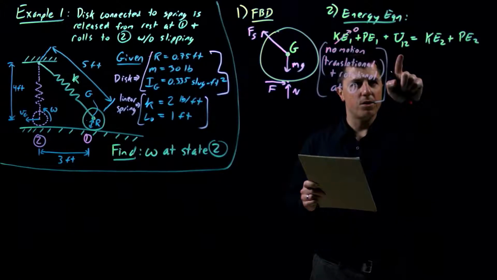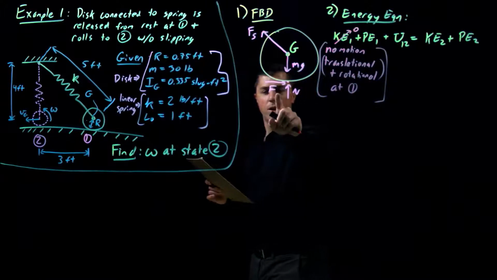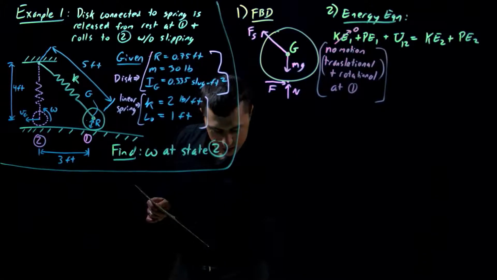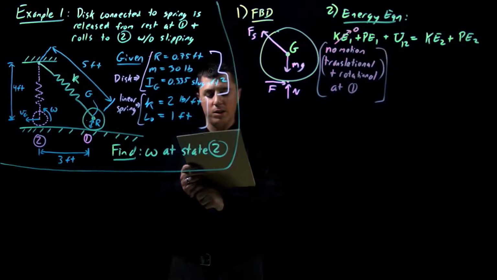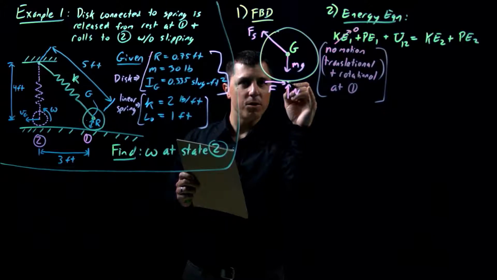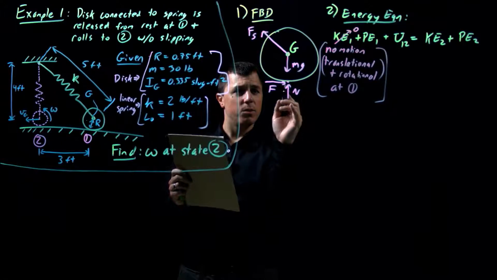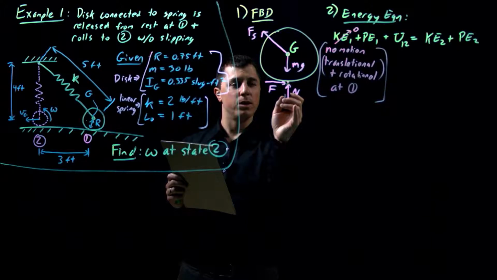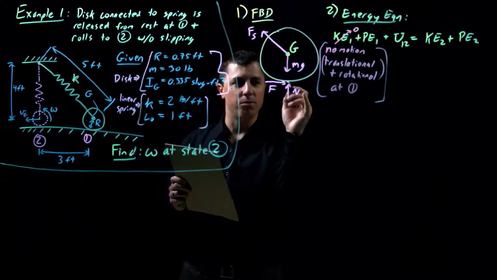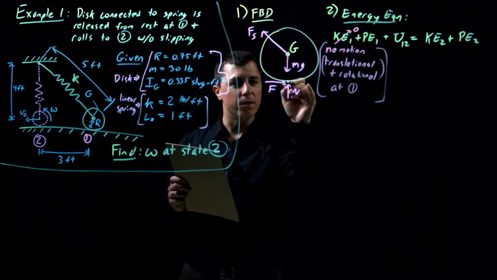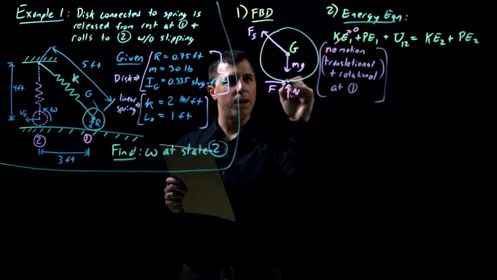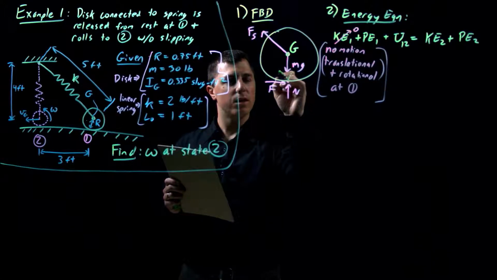Now, this other term here, I just want to make a comment that we're going to see a lot. With these rolling disks, remember this point that's in contact, that's the point where the friction is applied, right? That's the point of application for that force. This point moves in a pattern like that.